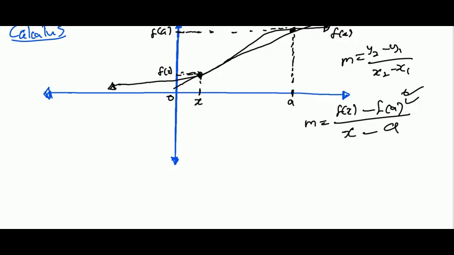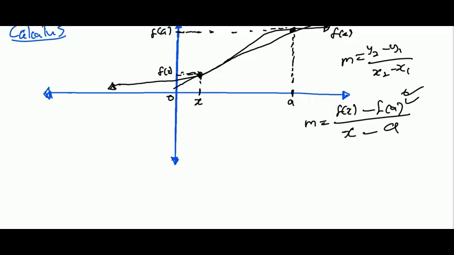But then in calculus, we are looking specifically at curves. So when we want the gradient, we want to know the gradient of a curve at any point. So we know that the gradient of a curve is not constant. The only gradient that is constant is for a straight line.